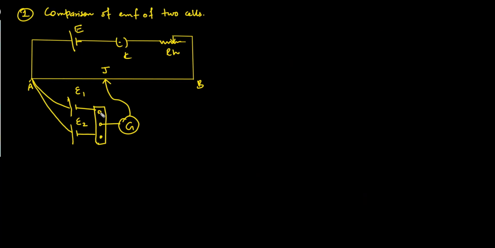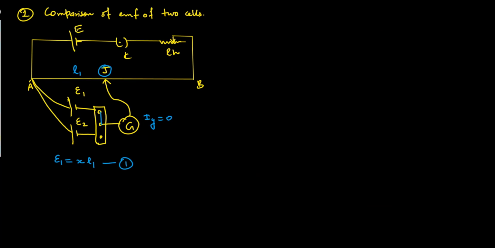Now first of all, we will connect E1 and E2, and then the jockey is moved along the AB wire. Let's say at balance length L1, the current in the galvanometer is 0. In that situation, we can simply write E1 equals X L1. Let's say this is equation number 1.